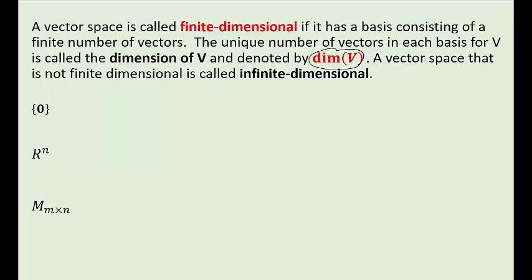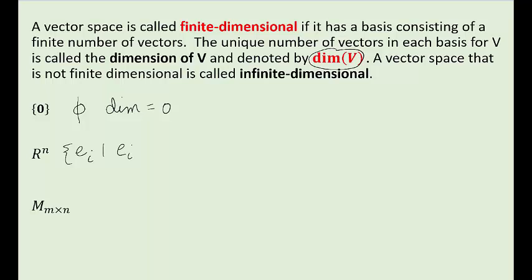So let's look at some examples of vector spaces and say what their dimension is. We know that the zero vector space is generated by the empty set, so we would say that the dimension is equal to 0. R^n, the set of n-tuples, well, let's write down what its basis is. Our author calls them e sub i, where e sub i is the n-tuple of all zeros that has a 1 in the ith position.